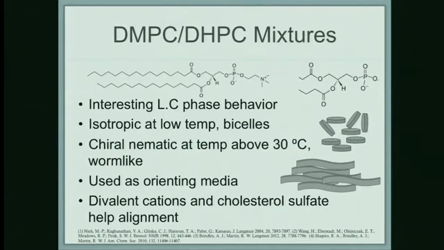DMPC, DHPC mixtures are a mixture of long chain and short chain phospholipids, which exhibit interesting liquid crystalline phase behavior. At low temperature, these mixtures are liquid and in an isotropic phase, and they have these disc-like micelle structures known as bicelles.